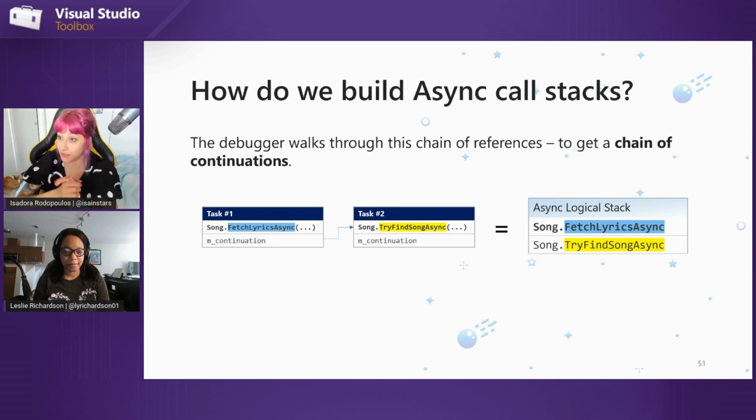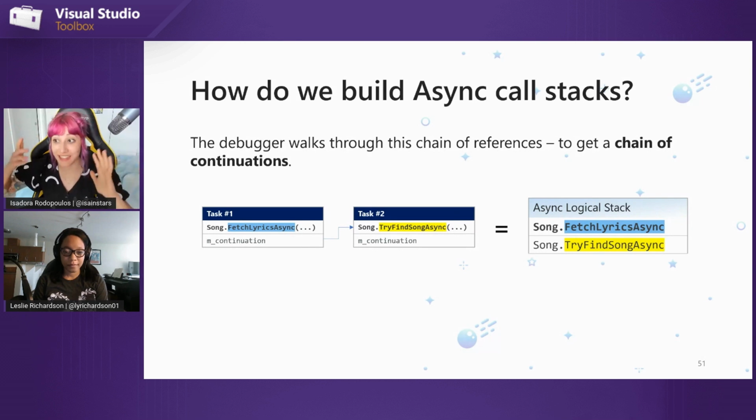Here you have something much more similar to the sync scenario, whereas before we had all of these task objects, weirdness, and state machines that the user doesn't really care about, because everything was syntax sugar in the first place. We apply syntax sugar for them in the debugger as well, and we just have this async logical stack, which is very similar to what we had before: we have FetchLyricsAsync, and as soon as that finishes, we go back to TryFindSongAsync.